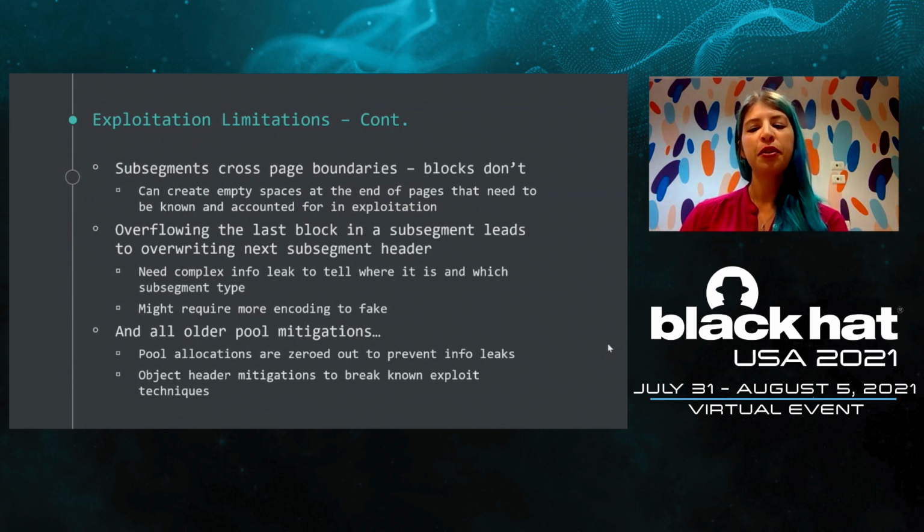Another thing is there used to be a lot of buffer overflow techniques in the pool that took advantage of object headers and corrupting them. A lot of these things were mitigated too in the last few years, making this also a little bit harder.